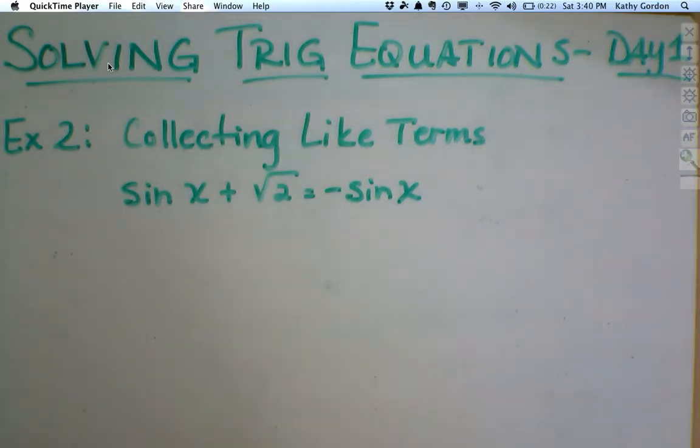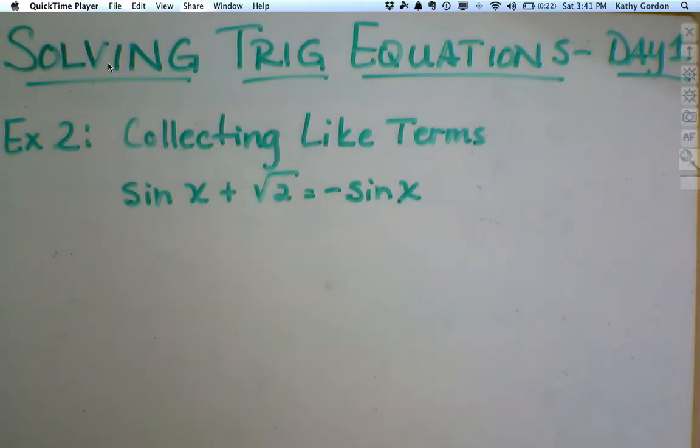Now, I will tell you that although it does not have to be the case all the time, we are going to work with equations where the answers you are going to get are going to be answers from the unit circle. So you're going to revisit those values that we talked about last chapter and those sine and cosine and tangent functions from the unit circle that we talked about last chapter.